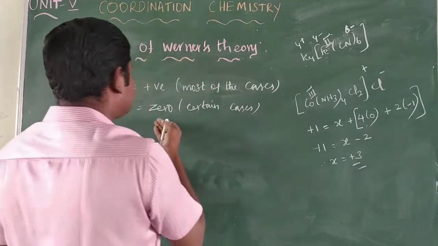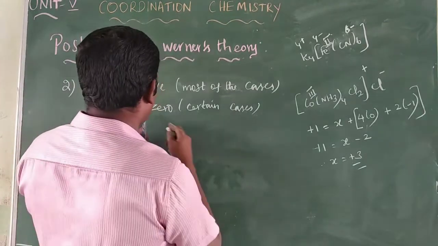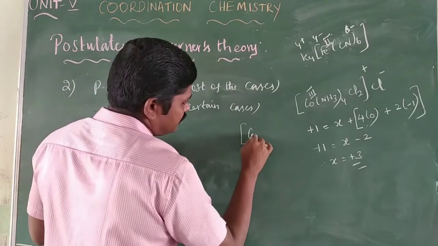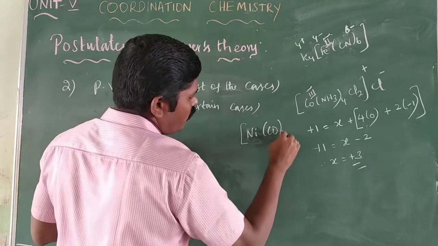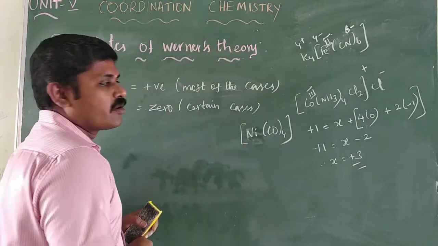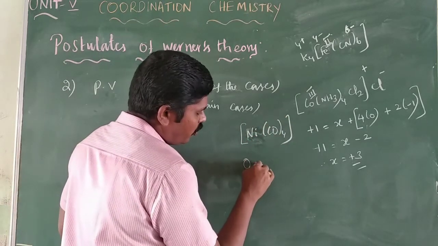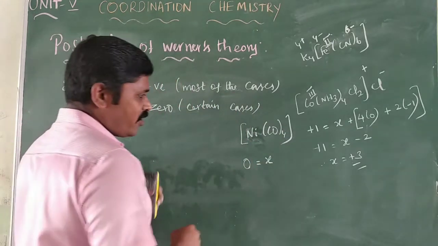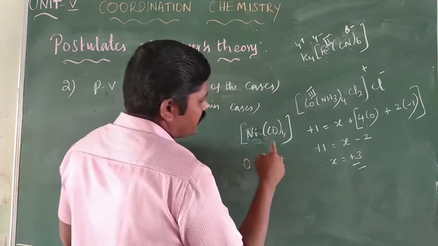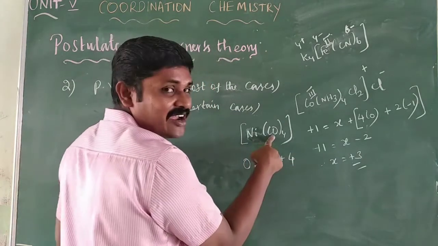In certain cases it is 0. For example, Ni(CO)4. For a neutral complex, the net charge is 0. The oxidation number of the central metal ion X, plus the number of ligands, 4, times the charge on the ligand.